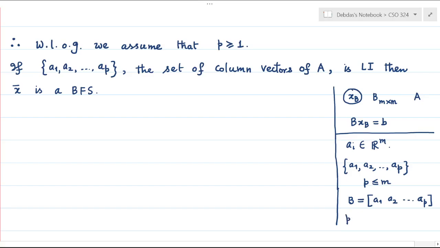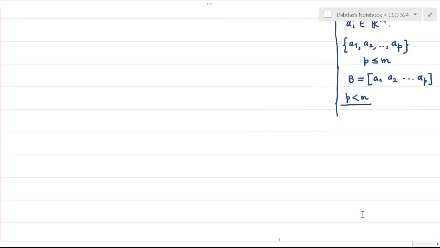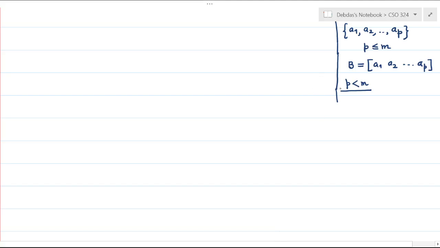Now, if P is strictly less than m, then what do we have to do? We notice that A1, A2, ..., AP is no longer a square submatrix, no longer m by m. Then what we do is the following: out of the other columns of the matrix capital A, which are not in B, you have AP+1, AP+2, ..., An.